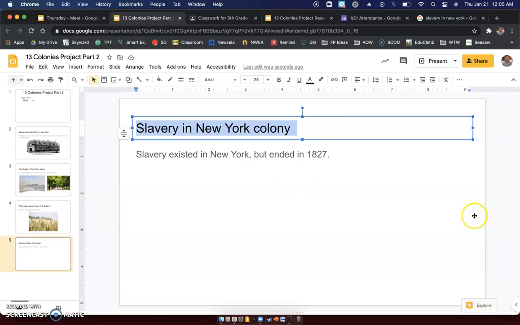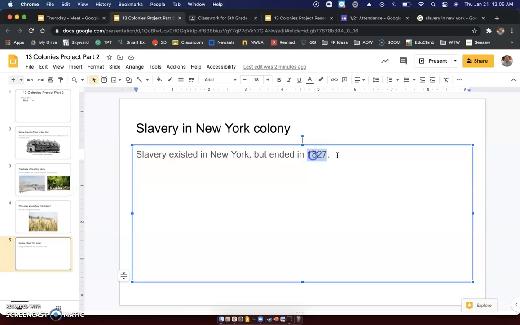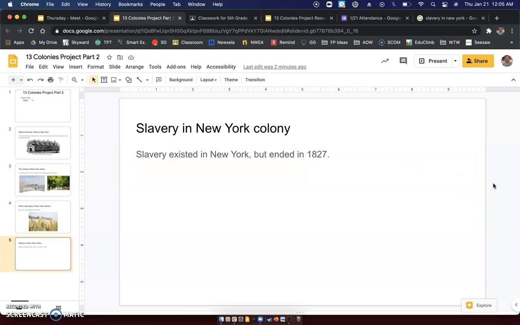All right, so even in New York colony, slavery did exist. It was ended in 1827. They decided that slavery was no more. Okay. Now, if you pick a colony that's in the South, you might find something a little bit different. You might find some colonies that ended their slavery way later. But we can talk about that later.